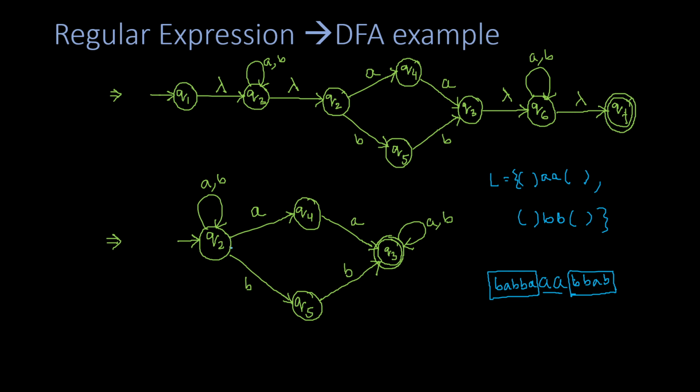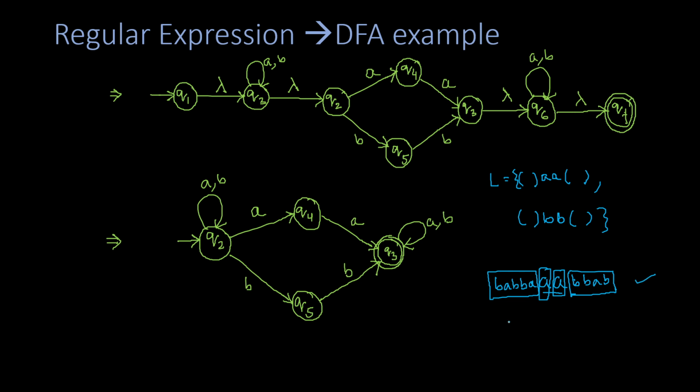Then you can go from q2 to q4 because of this a, and because of the next a you can go from q4 to q3. Then whatever combination of a and b comes doesn't matter, it will remain in q3 and ultimately it will get accepted.